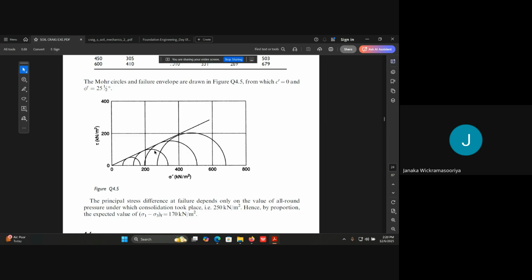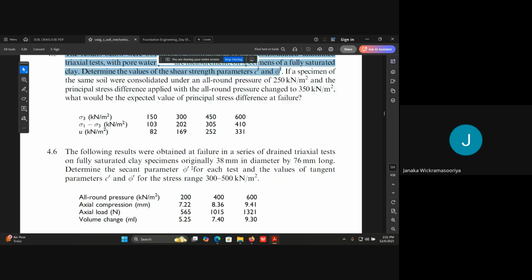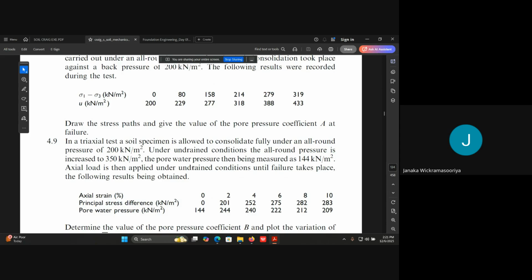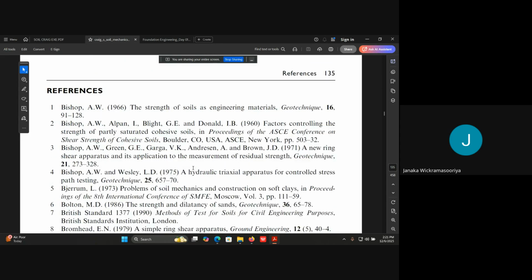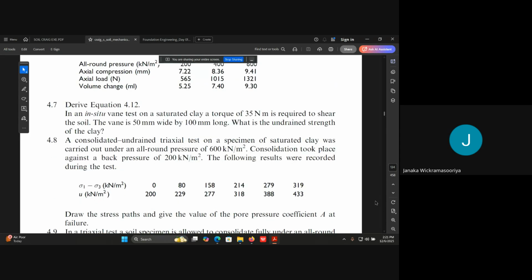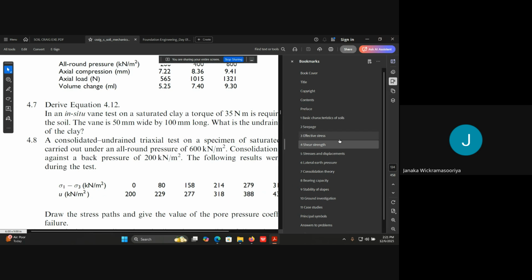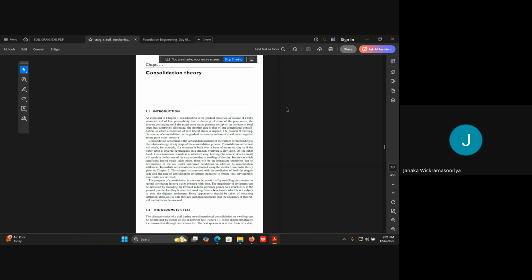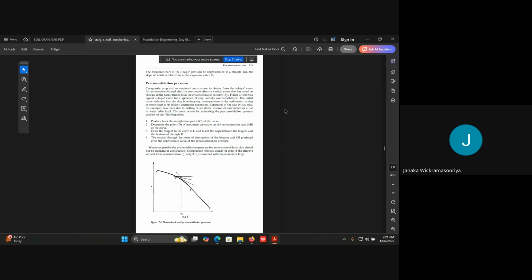So you can draw a Mohr circle like this, and you will be getting it as 170. So that kind of question will be there in the exam. That is regarding the shear strength, and so let me see.